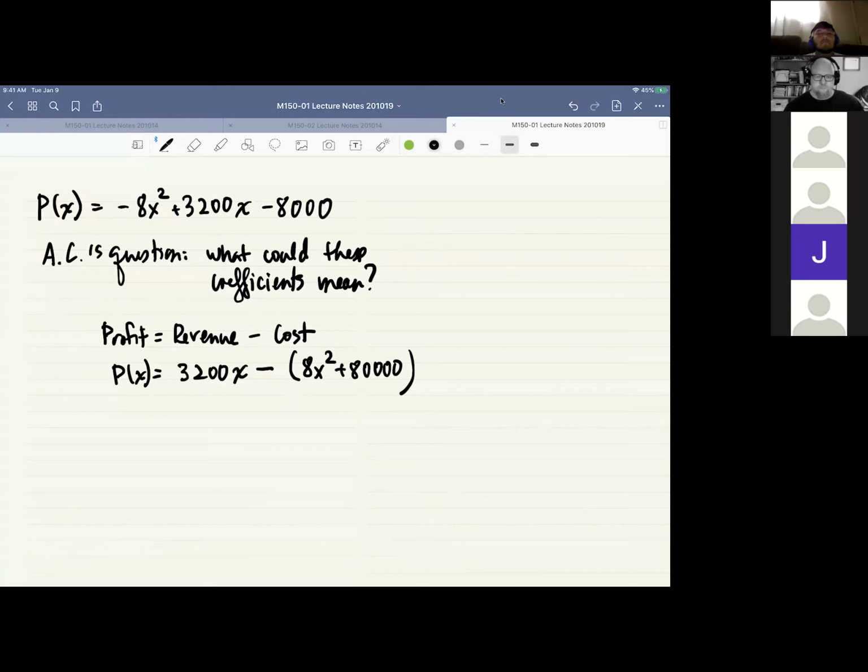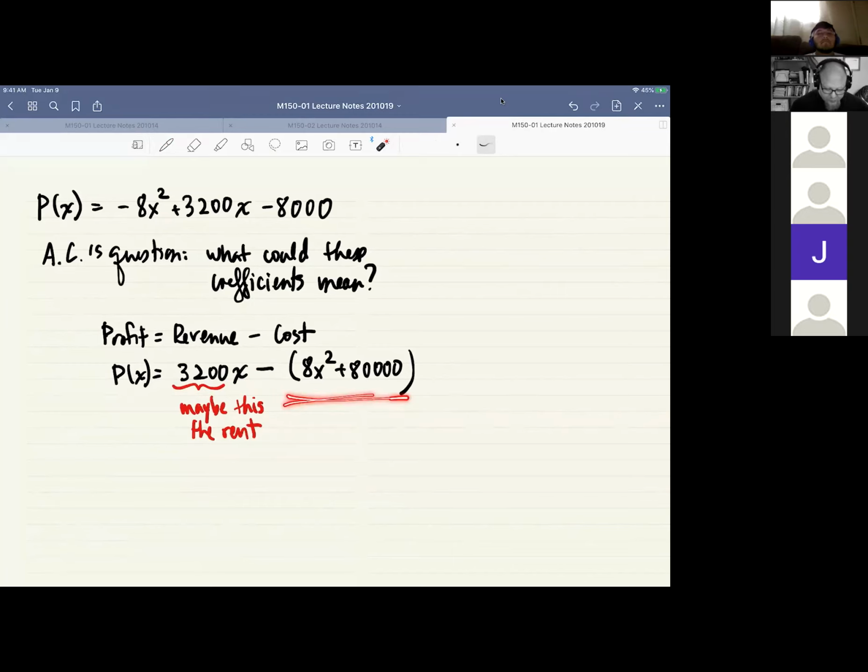You can imagine a reasonable person might say, well, maybe this is the rent, $3,200. So for every unit you have, you're going to get $3,200 in rent. So that would be your revenue.